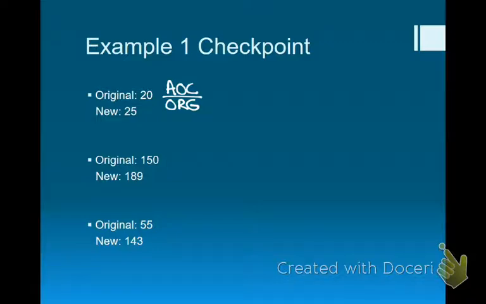What does AOC mean again? The amount of change divided by the original amount. Between the original amount and the new amount, how much did the values change? 5. So 5 goes in for my AOC, and my original amount is 20, and there's my fraction. Now in my calculator, I go 5 divided by 20.